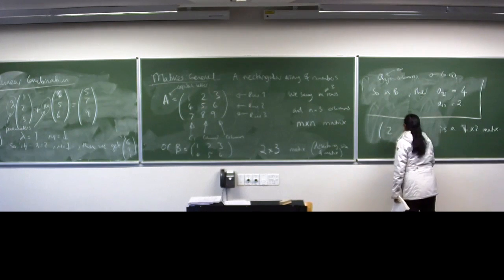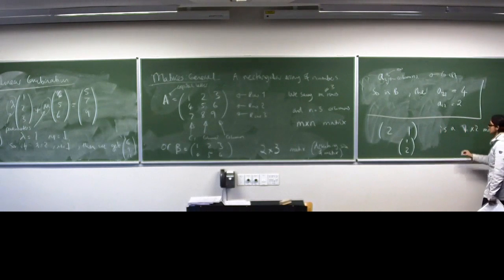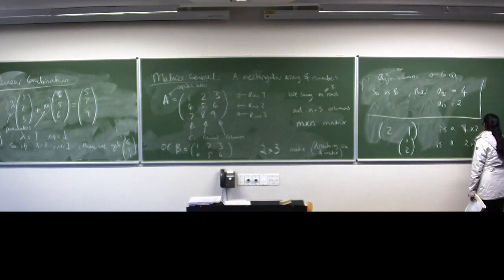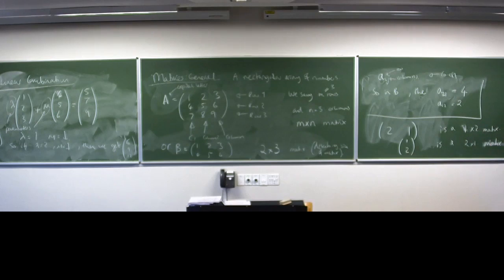And if I wrote it out like this in column vector form, this is a 2 by 1. We can even call it a column. So it's a matrix, but because it looks like a column, one column, we can say column vector. So either we call it a 2 by 1 matrix or a column vector. All right? Just names. Okay?